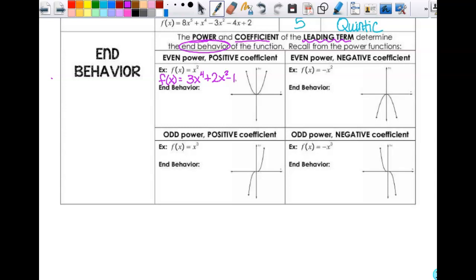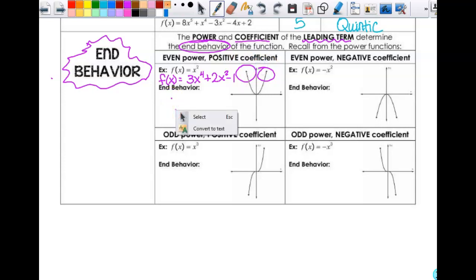Because when I look at this, this is an even-powered function and my positive leading coefficient. So no matter what's going on in the middle, I don't care because this is end behavior. We'll worry about the middle tomorrow. Okay, this is end behavior. The end behavior of this looks identical to this end behavior, which is right here.